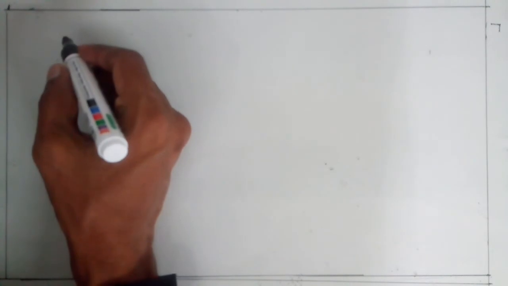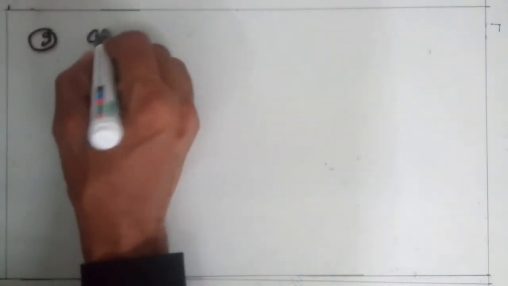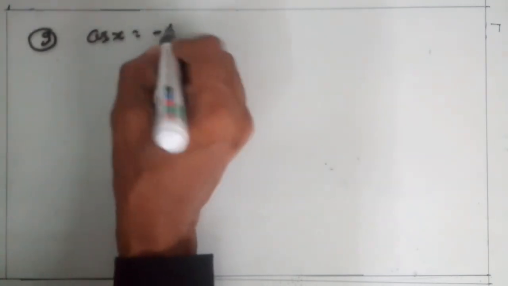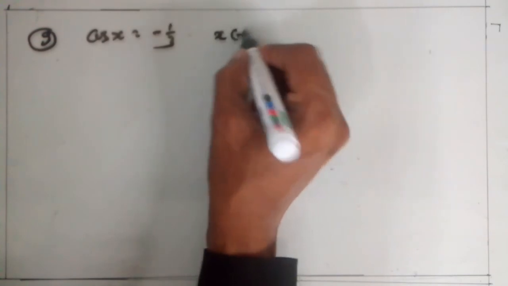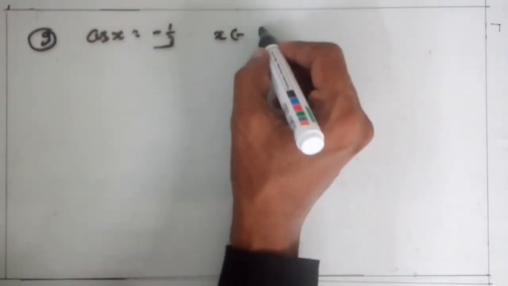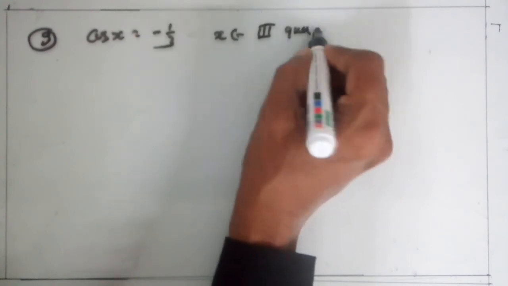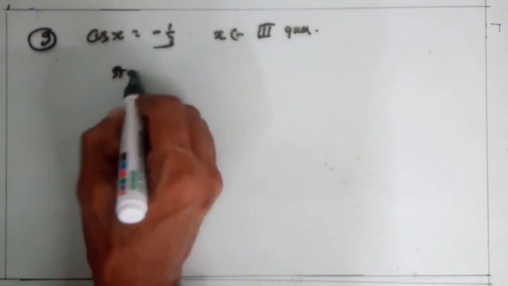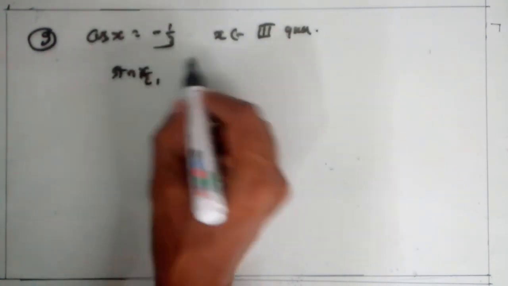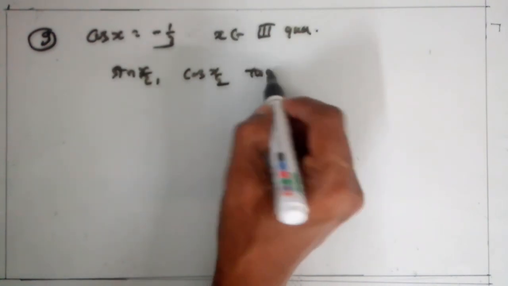Now next, question number 9. Cos x is equal to minus 1 upon 3. x lies in the third quadrant. Then find sin x by 2, cos x by 2 and tan x by 2.